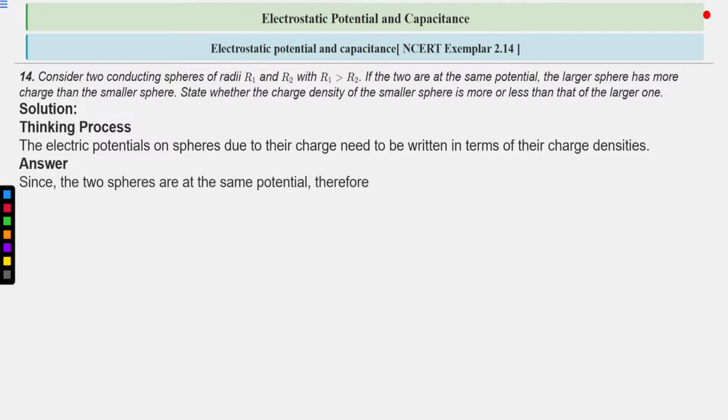Since the two spheres are at the same potential, therefore kq1 upon r1 equals kq2 upon r2. Here q1 is the charge on the sphere having radius r1 and q2 is the charge on the sphere having radius r2. This is the formula for potential.